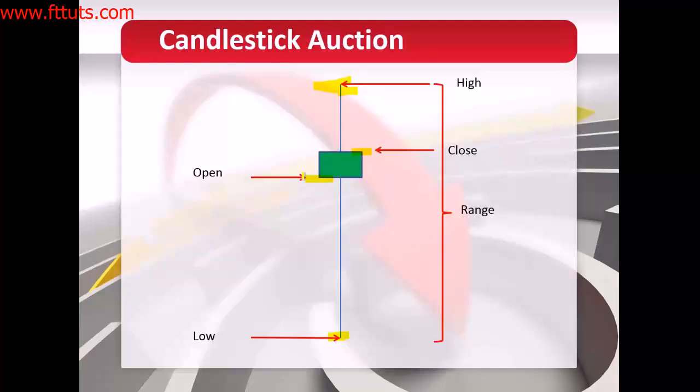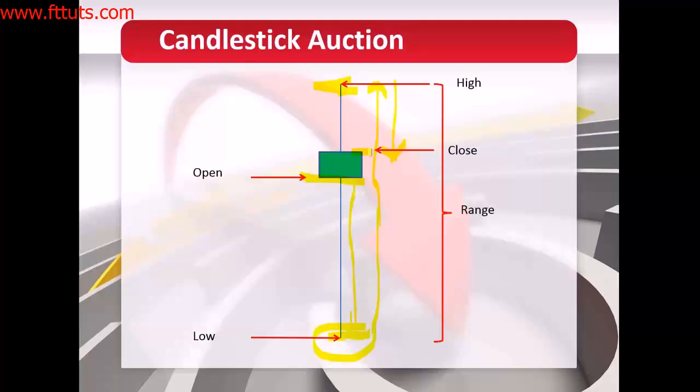First of all, it tells us that prices opened here, and then obviously at some point during the session they were driven all the way down to this low, and then what happened was buyers stepped in and this price level down here was rejected, and we came back to the open, and not only that, prices managed to move quite a bit higher and made it all the way to this high, but then sellers drove them back and brought us to this point to close the session right up here.